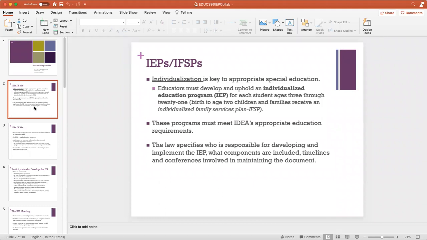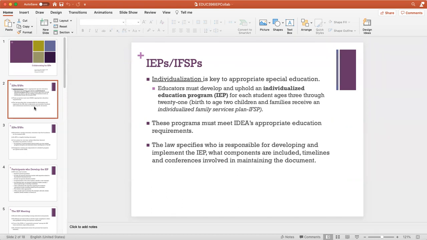IEPs are a strictly regulated process. They involve legal documents. The IEP becomes a legal document. It specifies who has to be there, what their roles are, how the meetings are going to look, who has rights, et cetera.